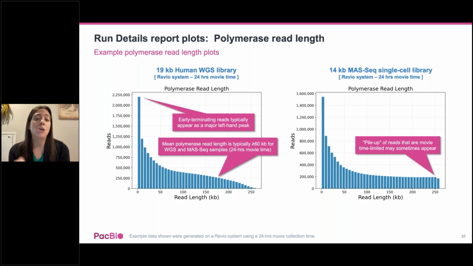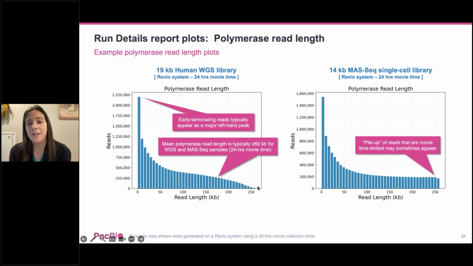This represents polymerases that terminated very early on during the 24-hour movie. This large peak is expected. It's not a cause for concern. It's a known phenomenon. And then you'll see the read lengths going up to 250 kb. Taking the mean of the entire output, typically you'll have a polymerase read length of at least 60 kb or higher.